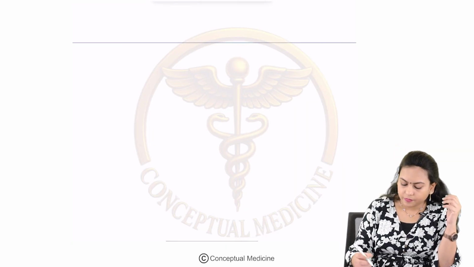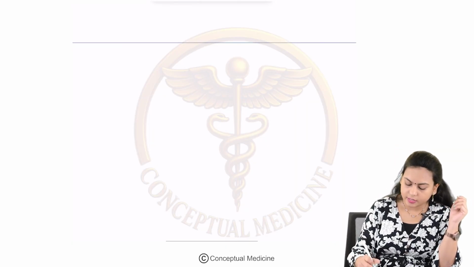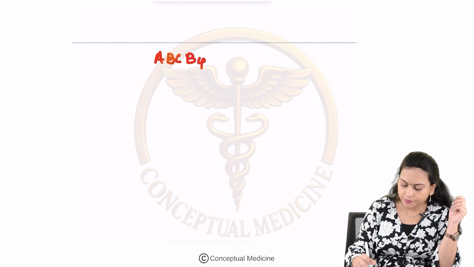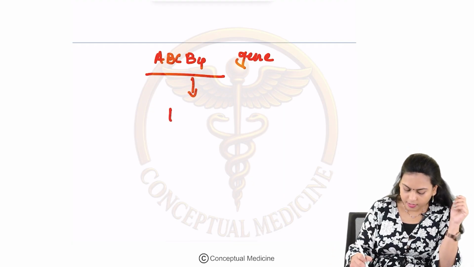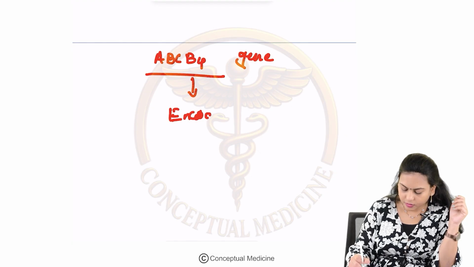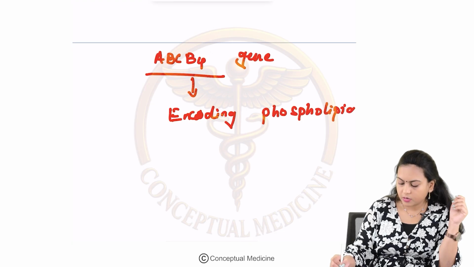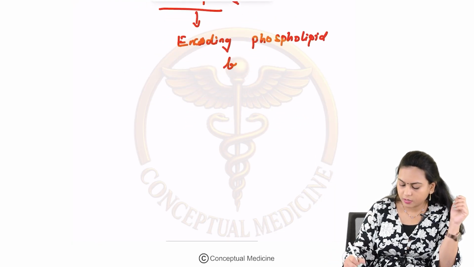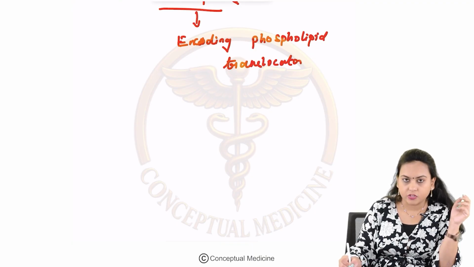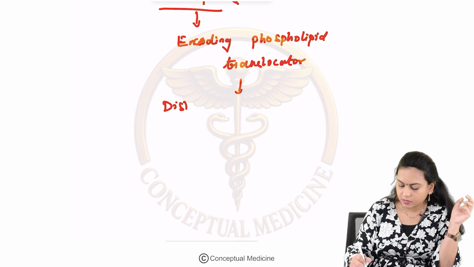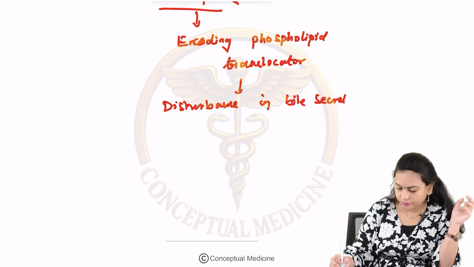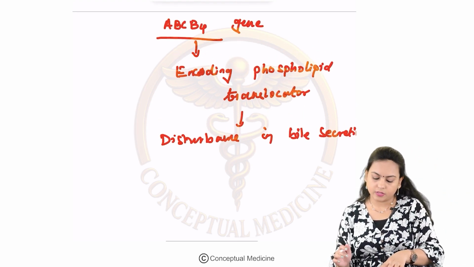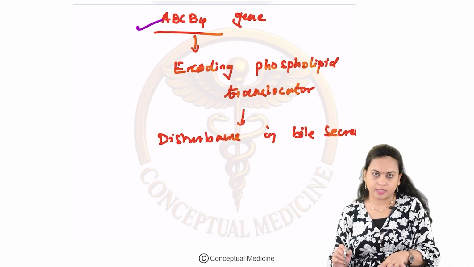In these people, there is a mutation in a gene called the ABCB4 gene, which encodes the phospholipid translocator. Any problem with this gene causes disturbance in bile secretion. So, this gene mutation can cause intrahepatic cholestasis in pregnancy.